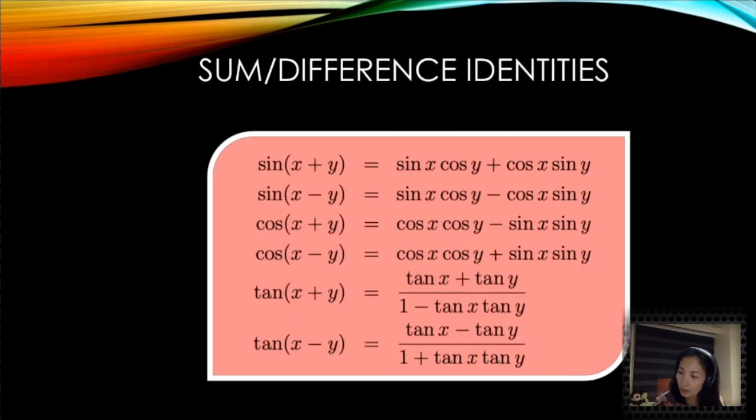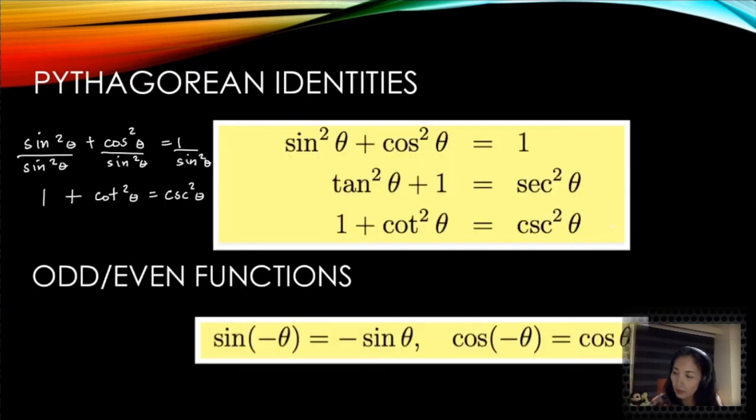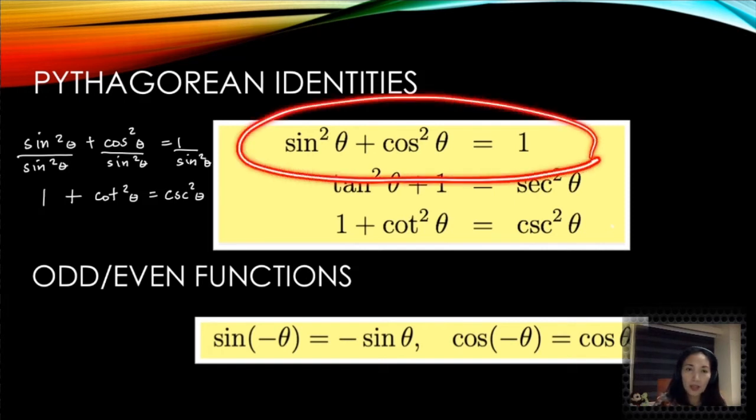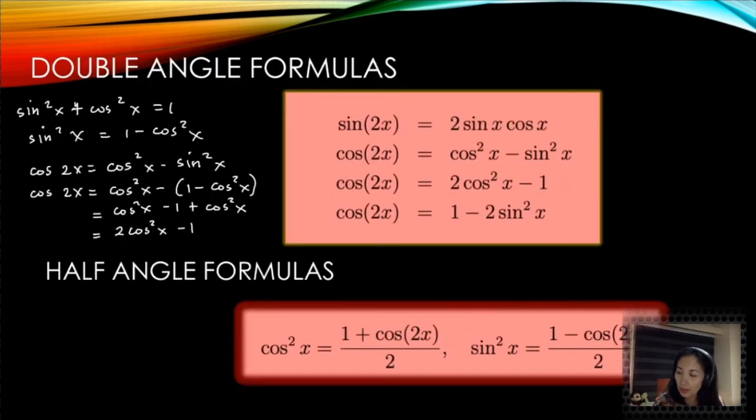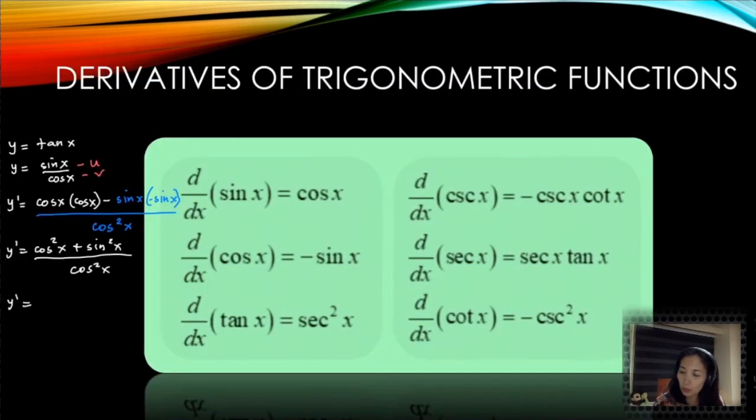Sine squared x plus cosine squared x is equal to 1. So our numerator is 1 over cosine squared x.